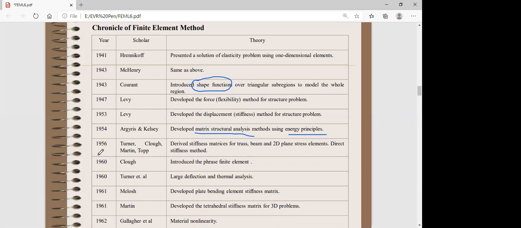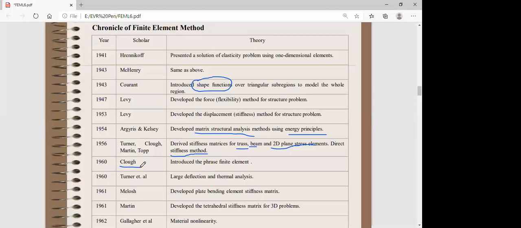In 1956, Turner, Clough, Martin and Topp derived stiffness matrices for truss structures, beams, and 2D plane stress elements, and they developed the direct stiffness method also.